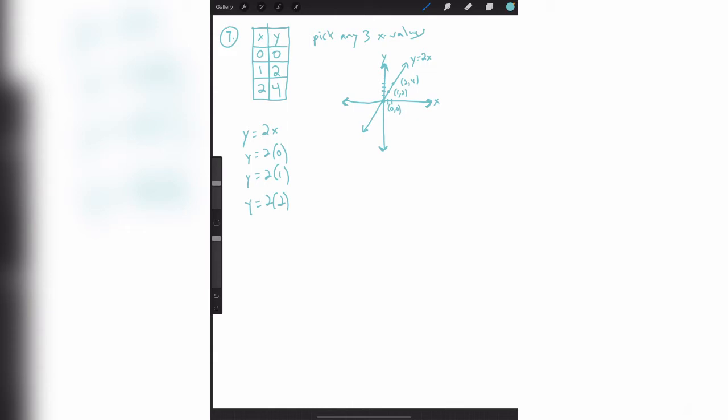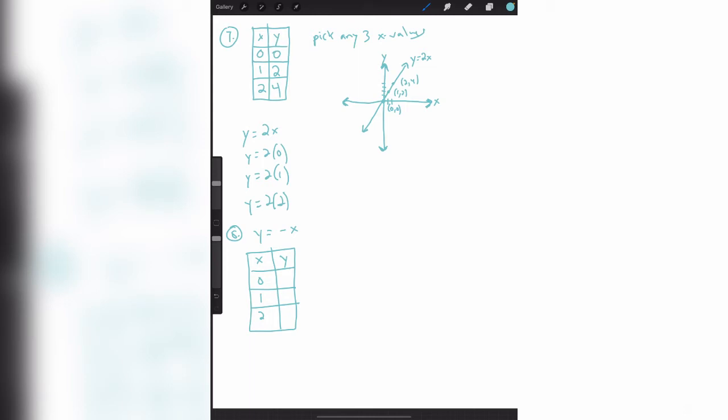All right, let's move to the other example, number 8. Number 8 is y equals negative x. So if I create my table of values, my x and y here, once again, I'm going to choose the first 0, 1, and 2, the same numbers I did for my first example, okay? And what I'm going to do is I'm going to substitute in each of these x values for x in our equation.